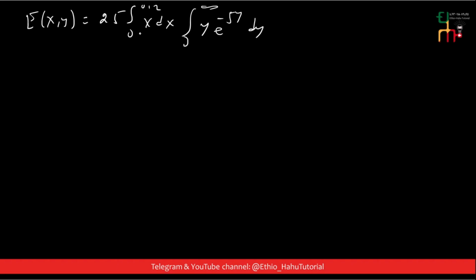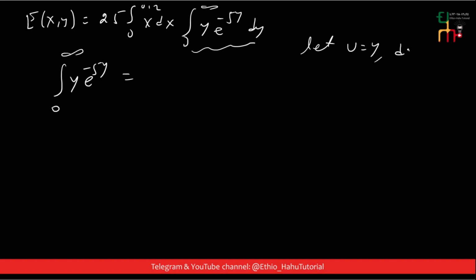Evaluating this, let me first find the integral of y e to the power of minus 5y from 0 to infinity. Let u equal y and dv equal e to the power of minus 5y dy. Then du is dy and v is minus 1 over 5 e to the power of minus 5y.